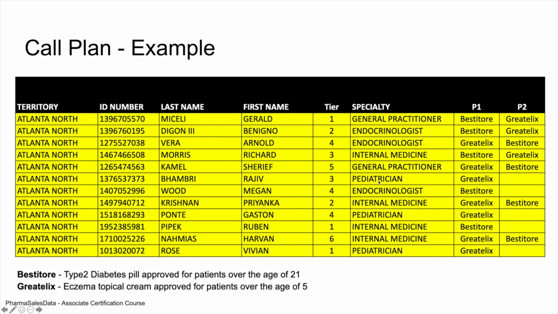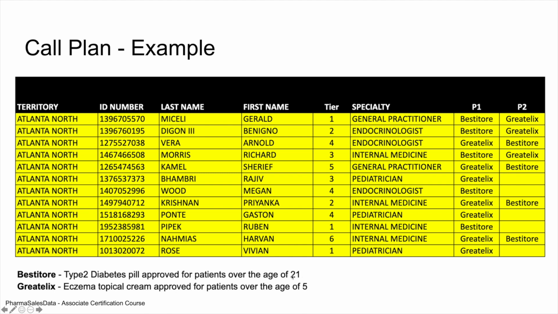Now, for your pediatricians, you have 1, 2, 3 of them. Gradalix is in the first position for all 3 pediatricians, but Bestator is not promoted at all. Why? Bestator is only approved for patients over the age of 21.